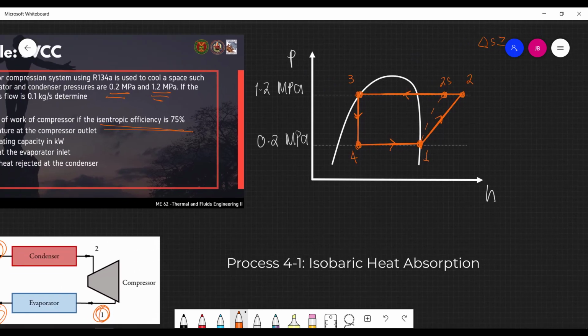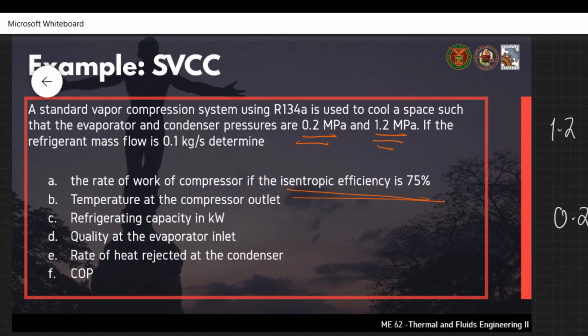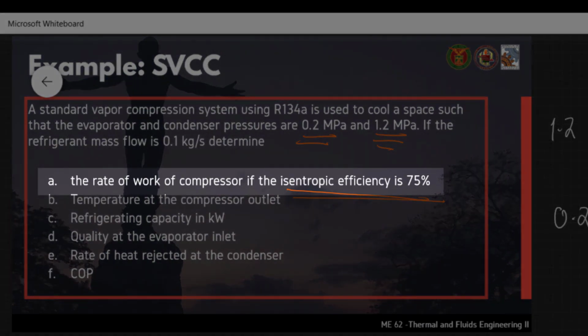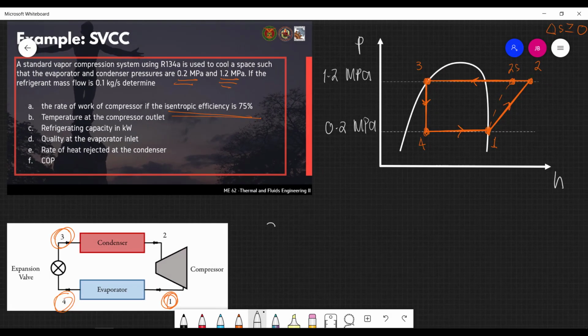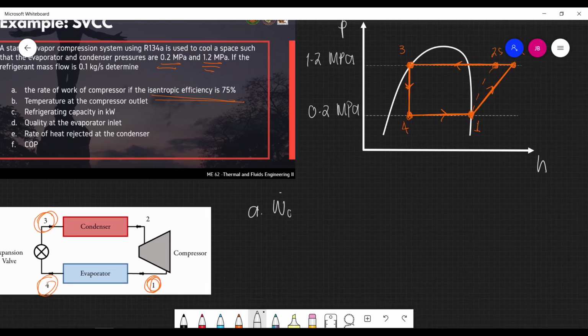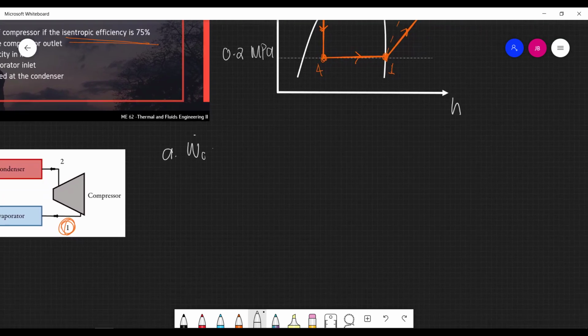Now, let's solve problem letter A. We are asked to solve for the rate of work of the compressor, basically the power input at the compressor, if the isentropic efficiency is 75%. So we know that W_C dot is equal to the mass flow rate of the refrigerant times the change in enthalpy in the compressor, which means we have h2 minus h1.